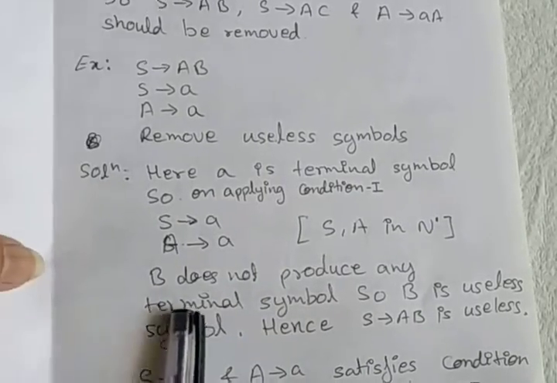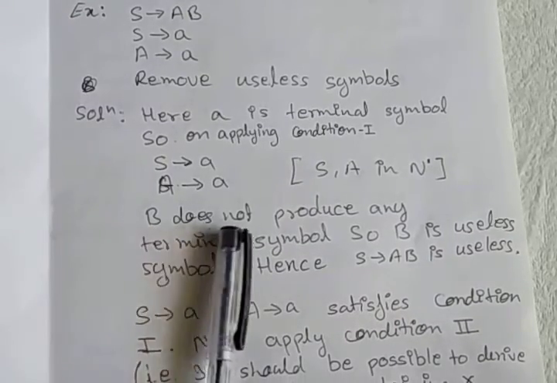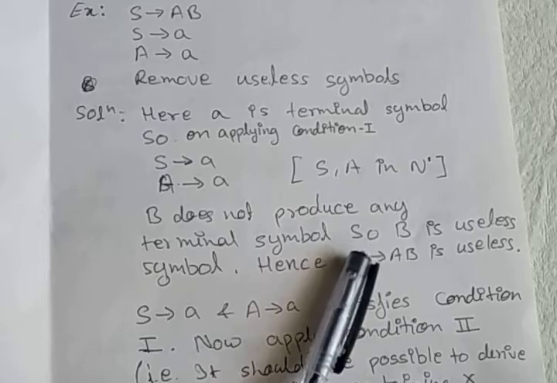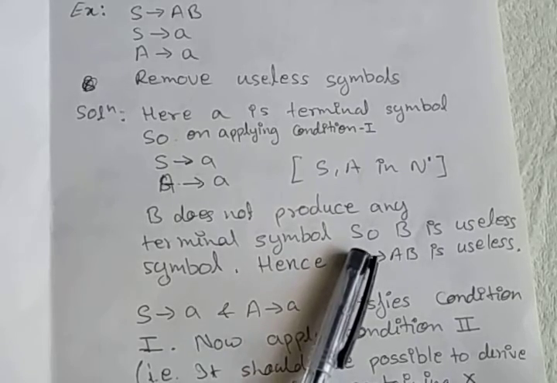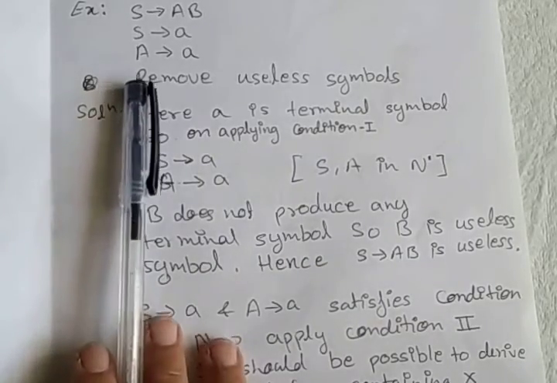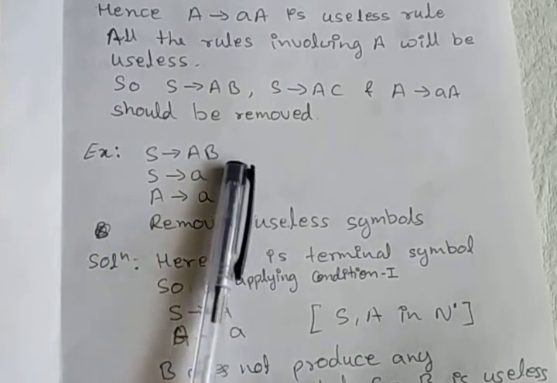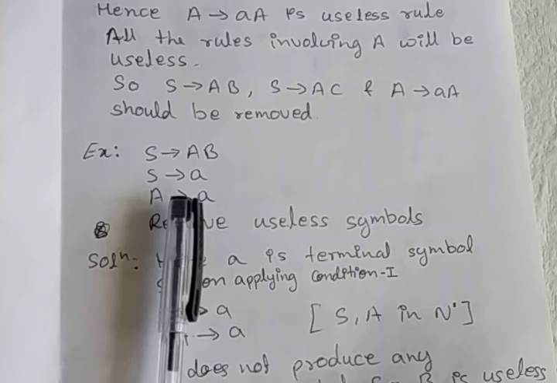Next, here B does not produce any terminal symbol. That means B is a useless symbol. If B is a useless symbol, that means this S tends to AB will be removed, right?